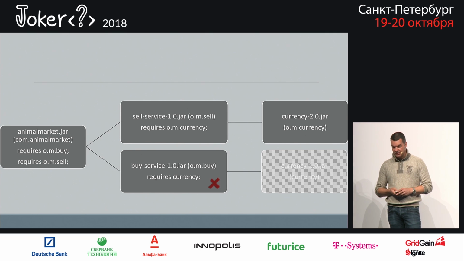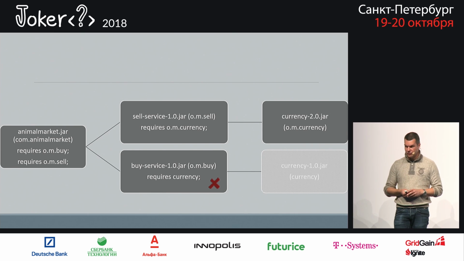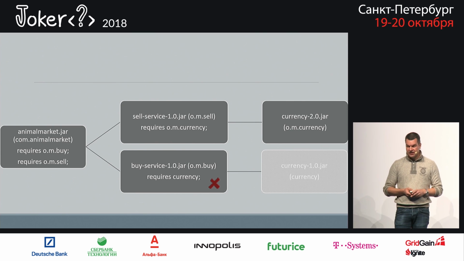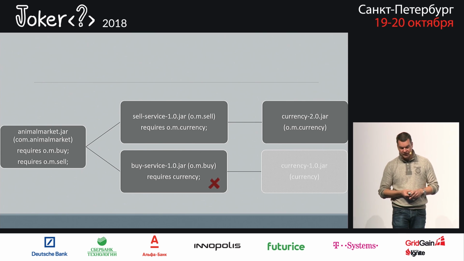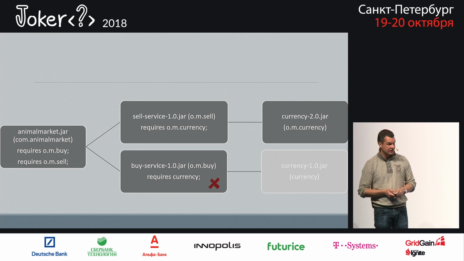Because this requires currency doesn't exist anymore, even though you could say, okay, but this currency 2.0 jar, the specification could say, well, I can translate it to an automatic module name. But that's not what they decided to do. They say a jar can only have exactly one module name, in this case, o.m.currency.